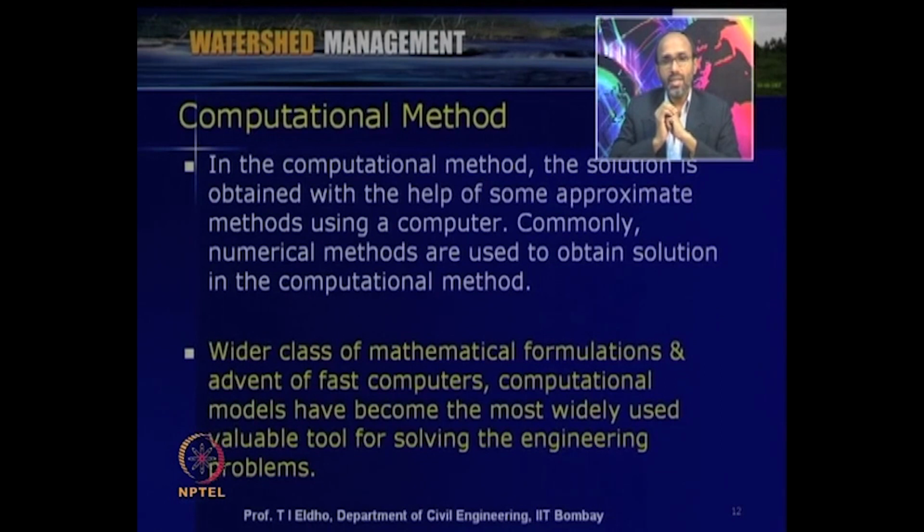Commonly, numerical methods are used to obtain the solution. Depending upon the governing equations and the boundary conditions, we can use a particular type of numerical technique. A wider class of mathematical formulations and the advent of fast computational models have become the most widely used valuable tool for solving engineering problems.